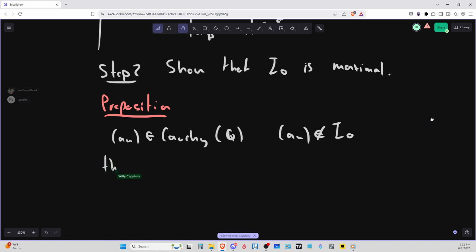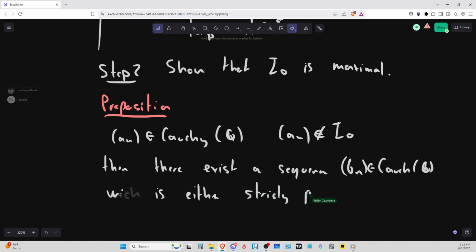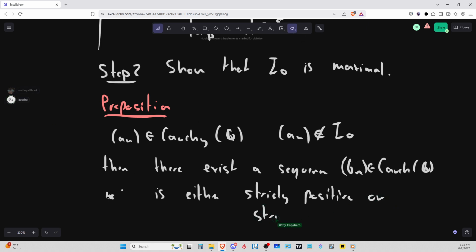Then there exists a sequence BN which is also Cauchy, which is either strictly positive or strictly negative.